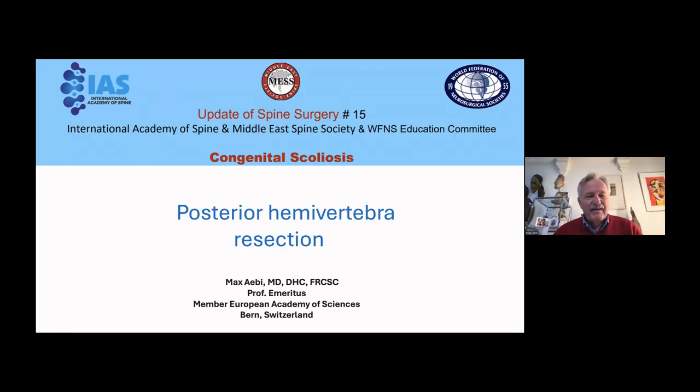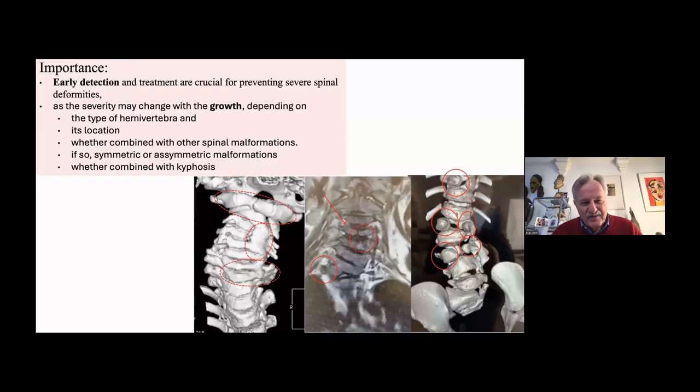So let me talk about this topic, which is a very specific topic in this whole context of this complex issue of congenital scoliosis. As it has been said just as last sentence, I start with exactly this sentence. I think the early detection and the treatment is very crucial for preventing severe spinal deformities, because the severity may change with the growth.